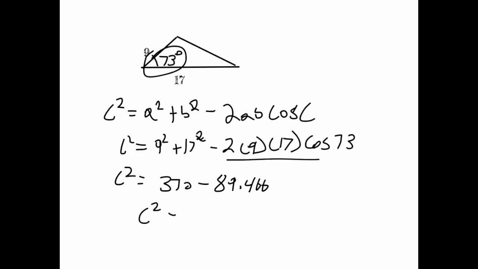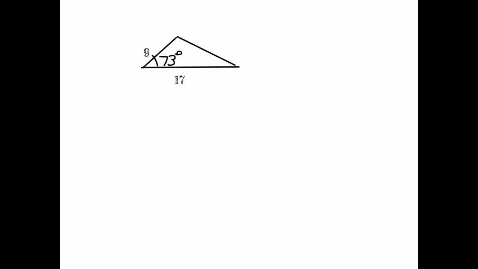When we further simplify, we get c squared equal to 280.534. Taking the square root of that, we get a final side length measure of 16.75. We now have a matching pair of angle C and side C. So we can use the law of sines to find the other two angles.